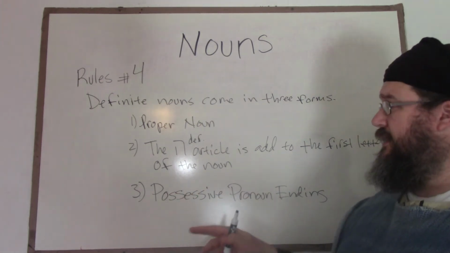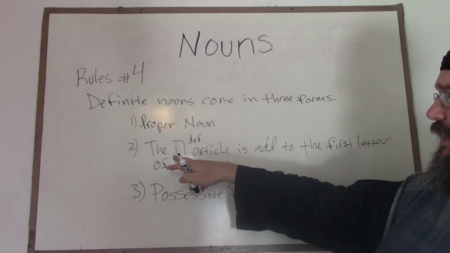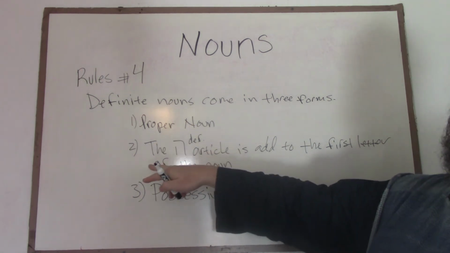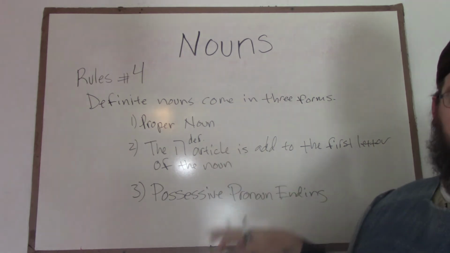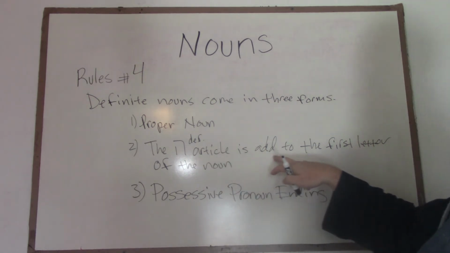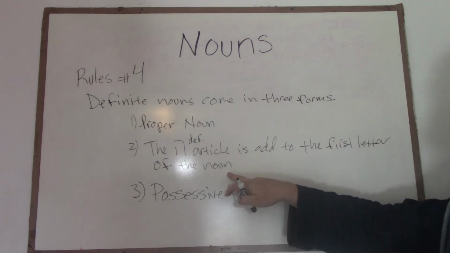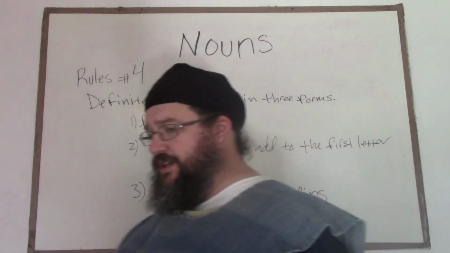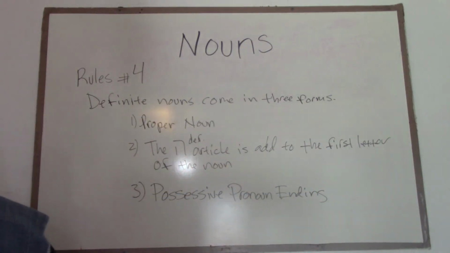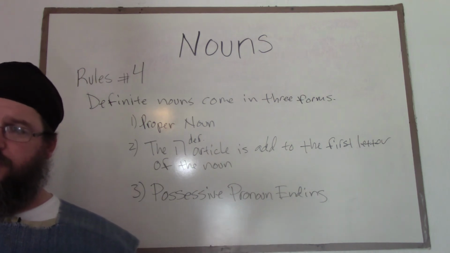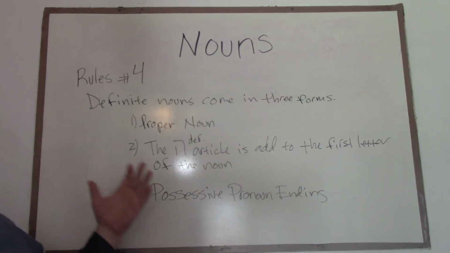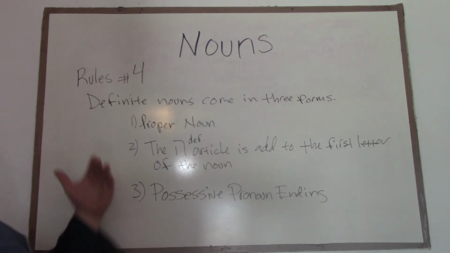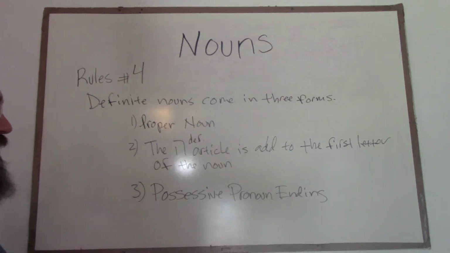Number 2, the noun has a hey article, which is the definite article, which means the word the, and it's added to the first letter of the noun. So it's like English. I have a proper noun, or I have a noun that has the word the before the noun. The door. That's the same thing we're going to use with Hebrew. The only difference is the hey article is attached.